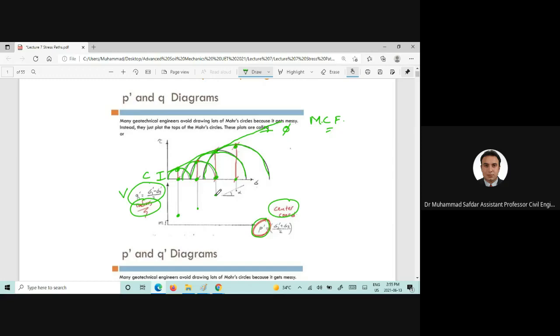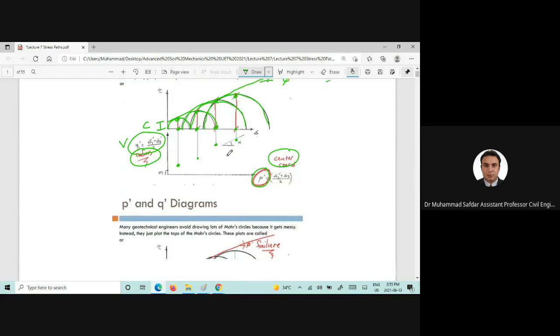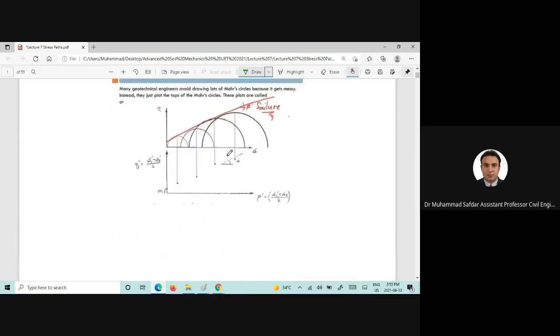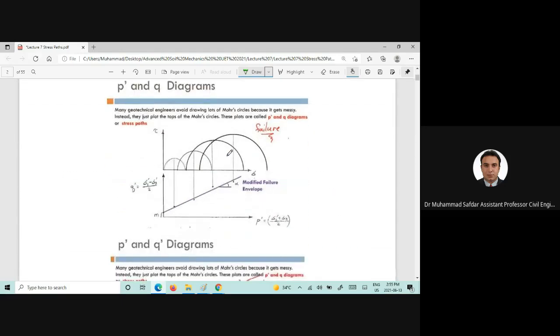Once we get these points, we can draw another line. If we call that line the Mohr-Coulomb failure envelope, we can draw another line here, and that line we can call a modified failure envelope.